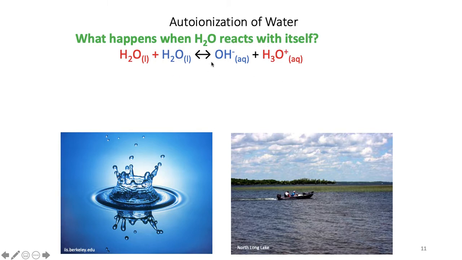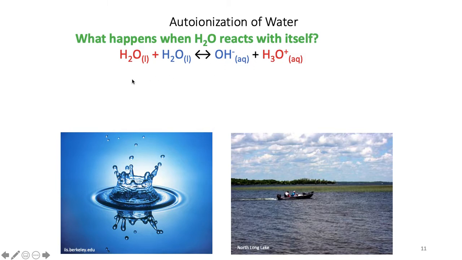As you notice, if I have this reaction occurring in pure water with nothing else added to it, I form the same amount of OH minus ions as I do H3O plus ions, so their molar concentrations are going to be the same.